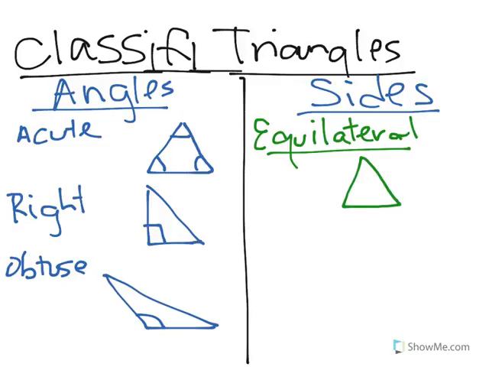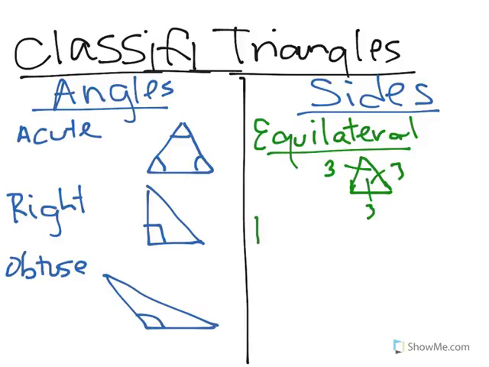I hope that looks the same. Let me try again. I think that's kind of the same. Okay. All the side lengths are the same. They're all congruent. They're all equal to each other. So if one side length is 3, that means all of them are 3. That's an equilateral triangle.